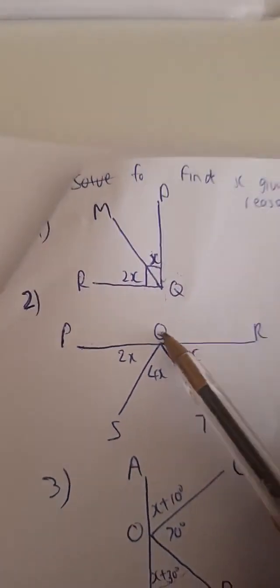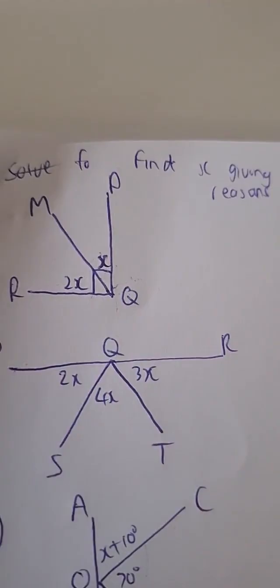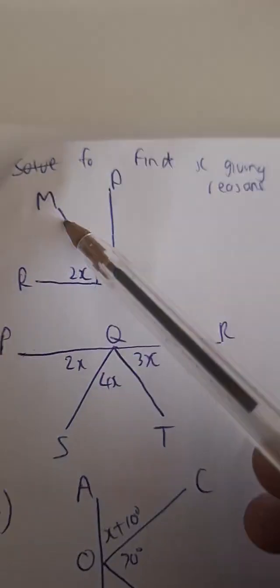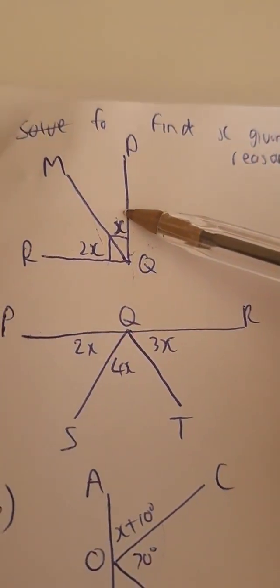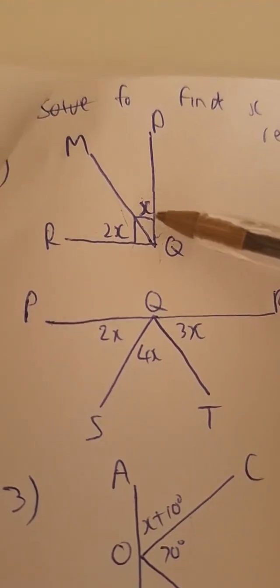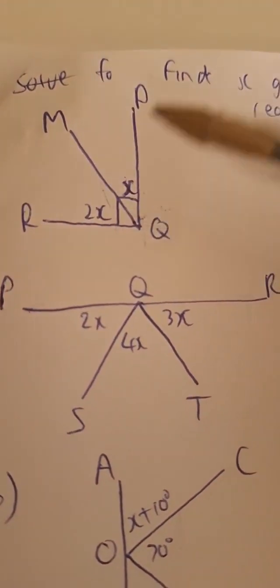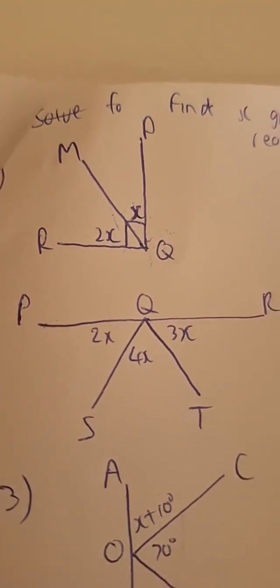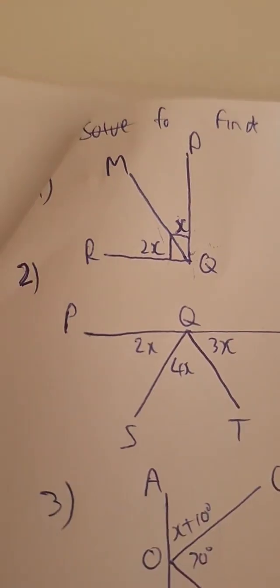We needed to find the value of x giving reasons. How do we go about it? We can see that this x here and that 2x there, if added together, give us 90 degrees.